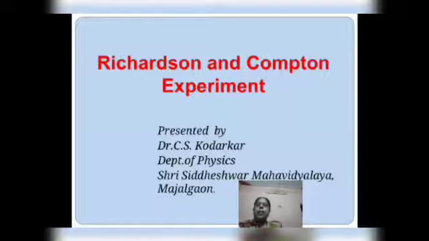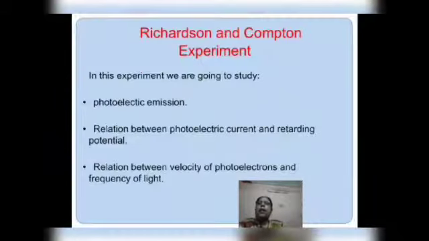In the second lecture, we studied Lenard's method. Using Lenard's method, we determine e by m of the photoelectron. And in the third point, we discuss what is meant by the Richardson and Compton experiment.